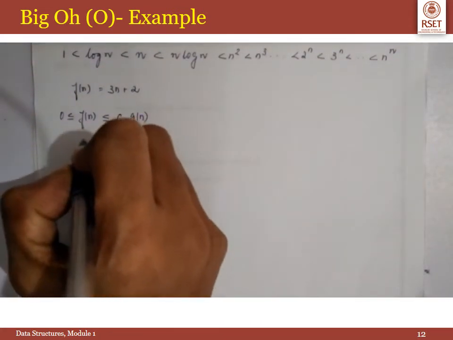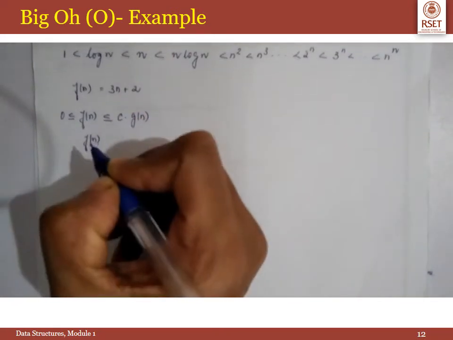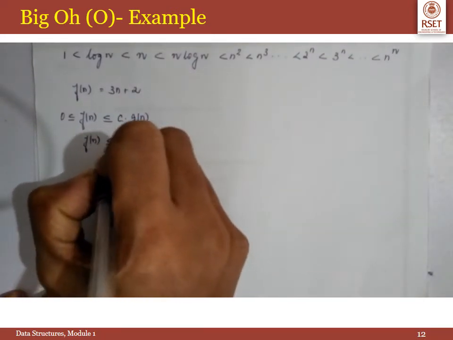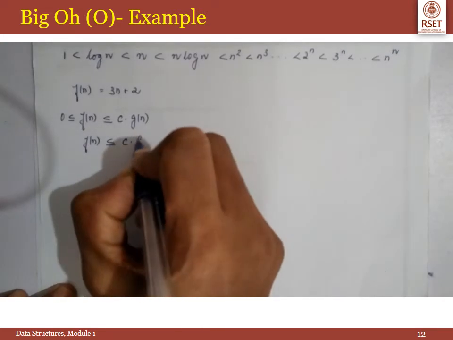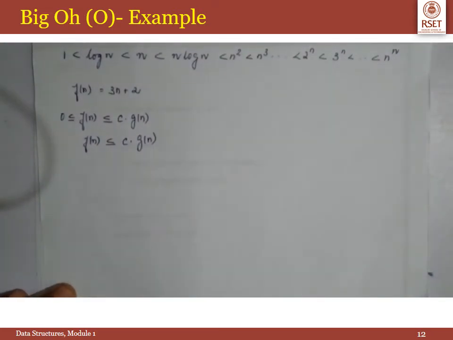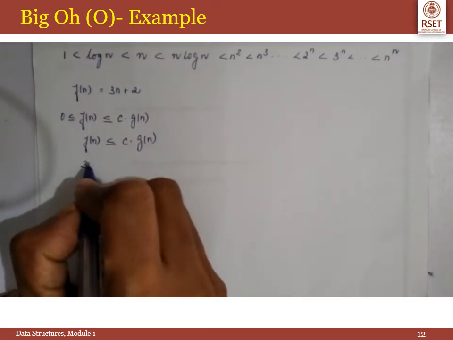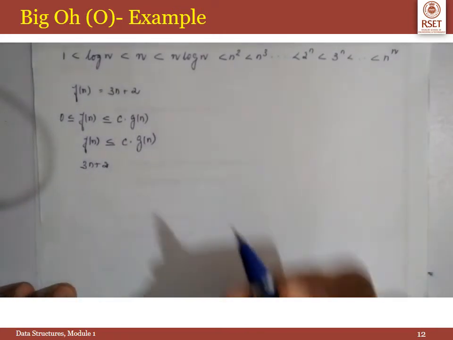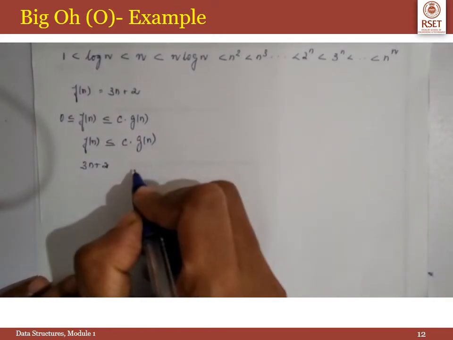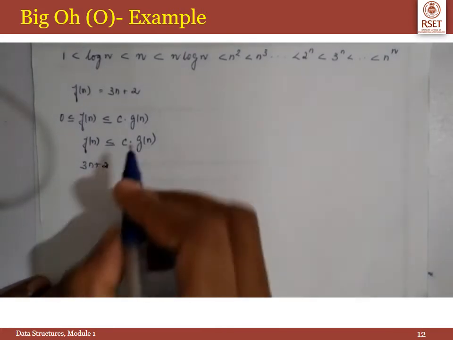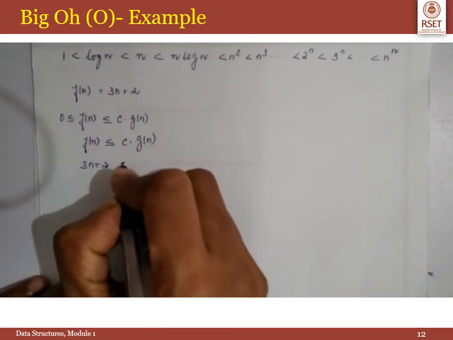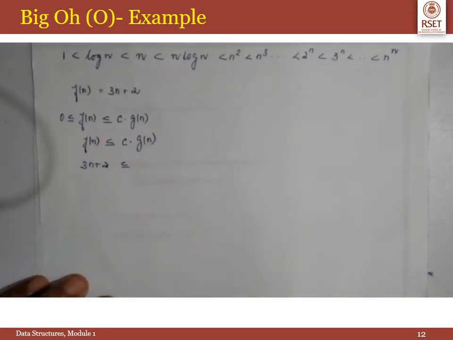So our aim is that f of n should be able to be written as something times g(n). Here our function is 3n plus 2, so our aim is to find a c times g(n) such that 3n plus 2 is less than or equal to that. How can you do that?